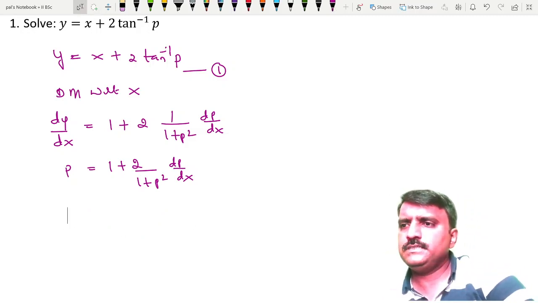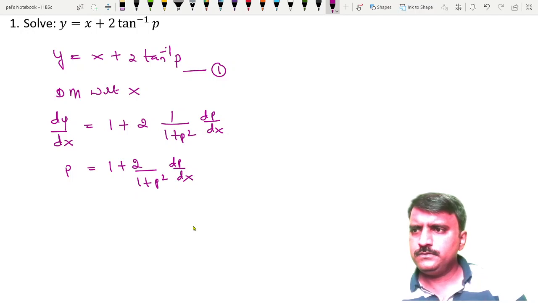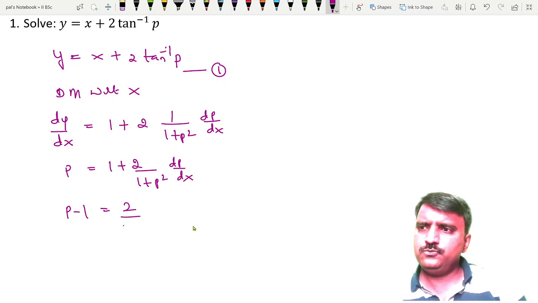After this you write this one in the form p minus 1 is equal to 2 by 1 plus p square into dp by dx.